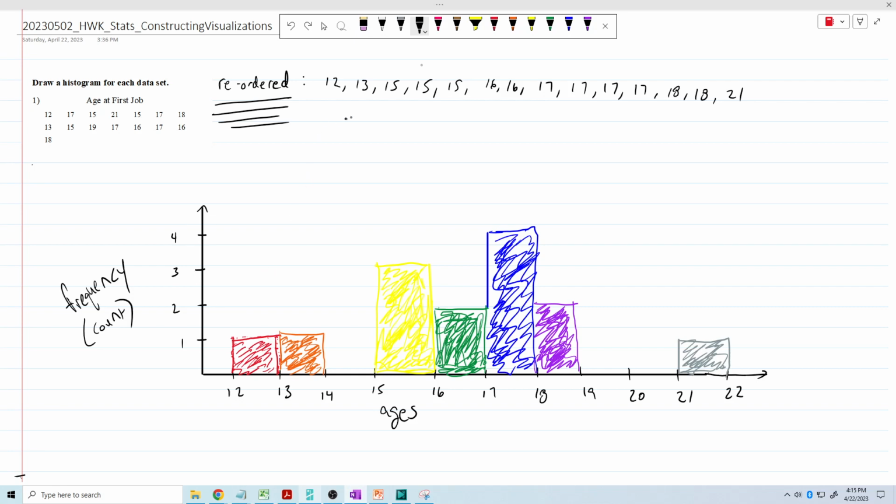So with that said, look at each number. I got one 12, right? So at the number 12, I go up to the amount of 1, and then I go across until I get to 13.